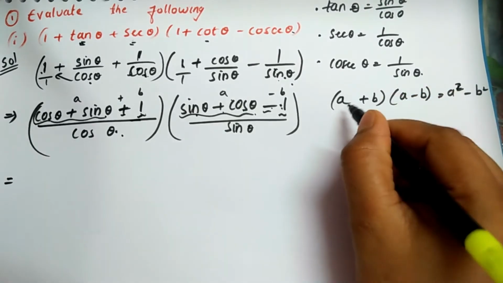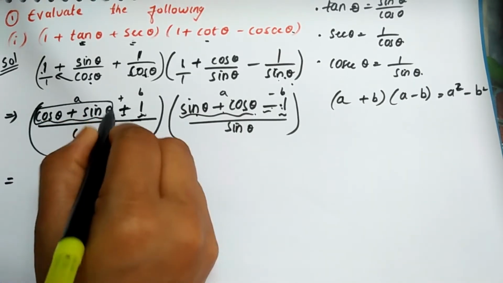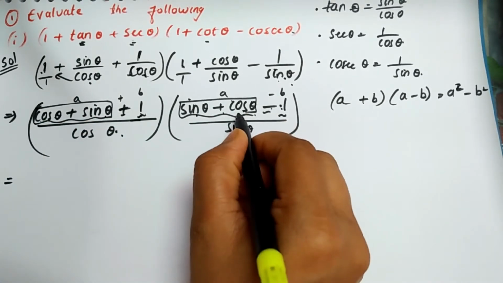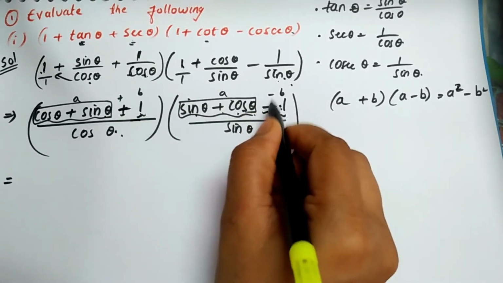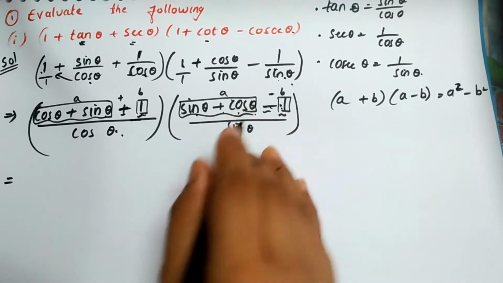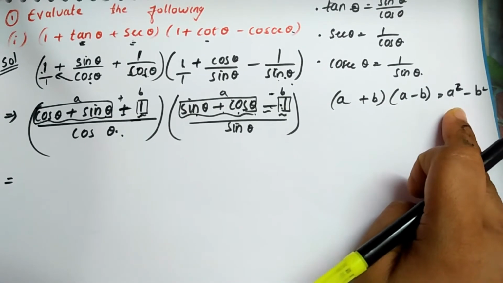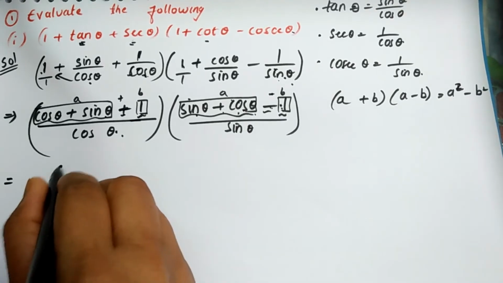Okay, so if we see, this is fitting in, right? Cos theta plus sin theta in place of a, yeah, it is fitting in, right? And plus plus, minus minus, we are taking b in place of b, and 1 is fitting, right? So what we can do, we can directly write in these terms, what is our a square?